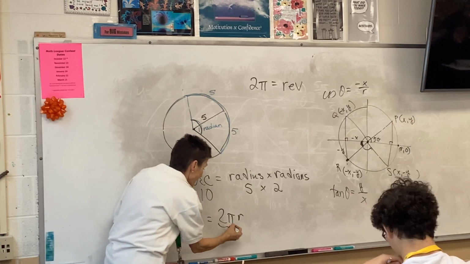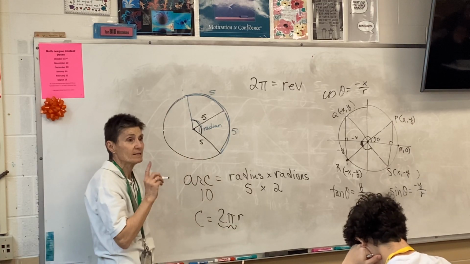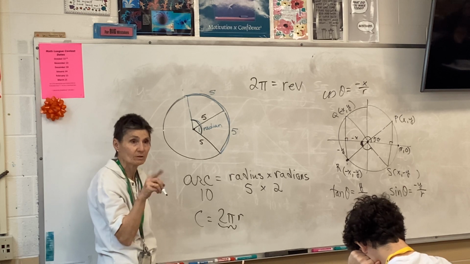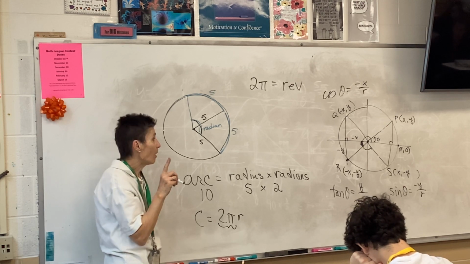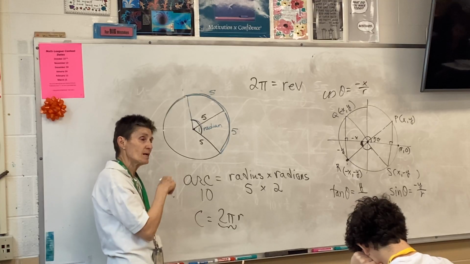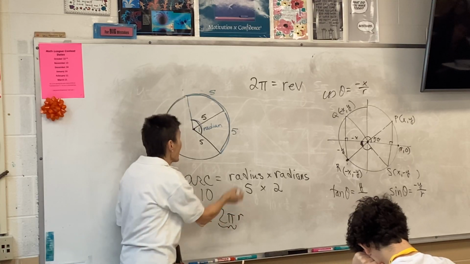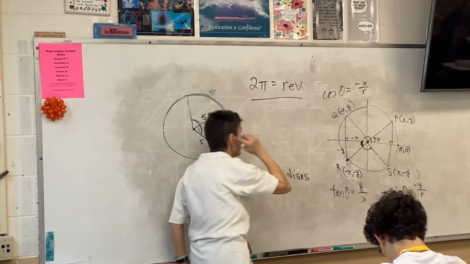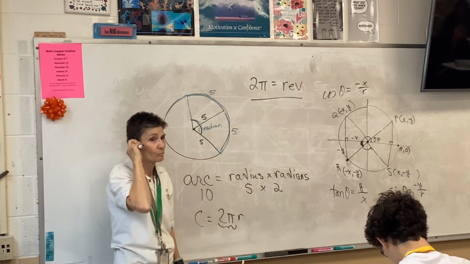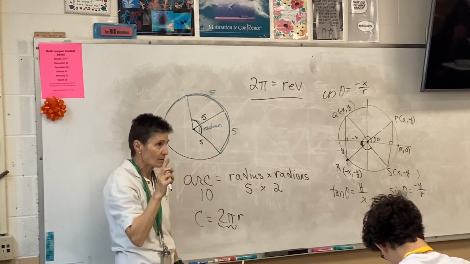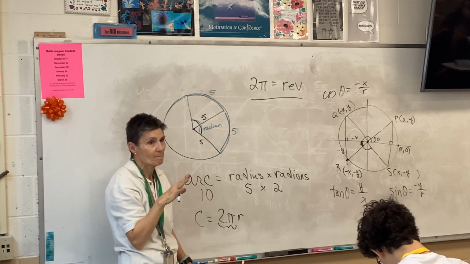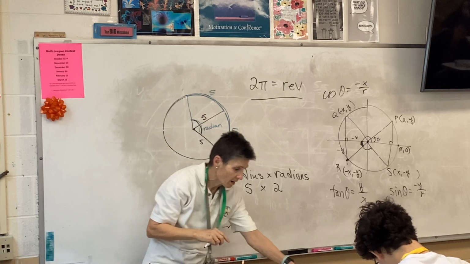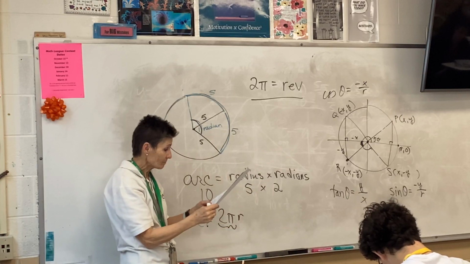This 2 pi is linked directly to the radian measure of a revolution. All of your angles can be changed from degrees to radians using that relationship. But we're going to try really hard to stay in radians. If we have to switch to degrees to make something make sense, we will.